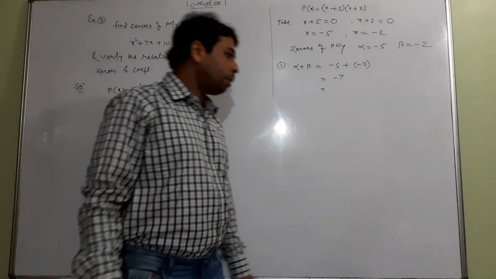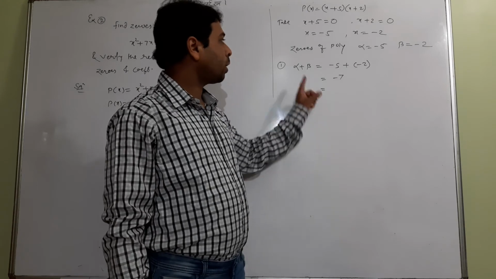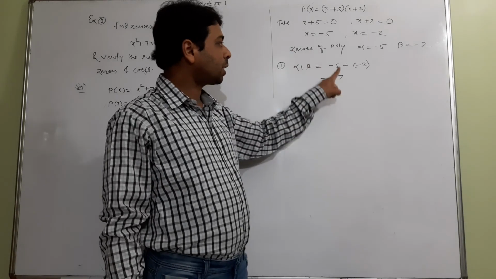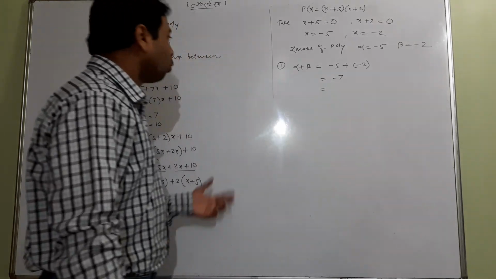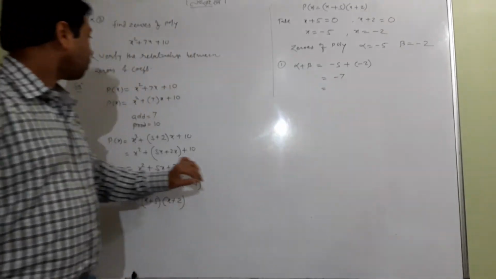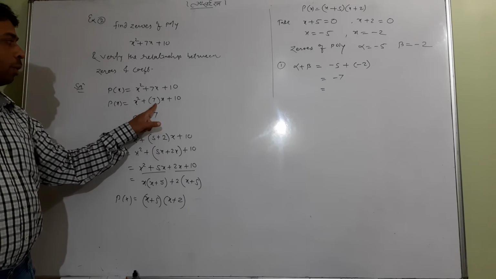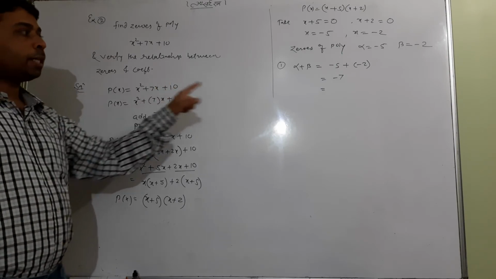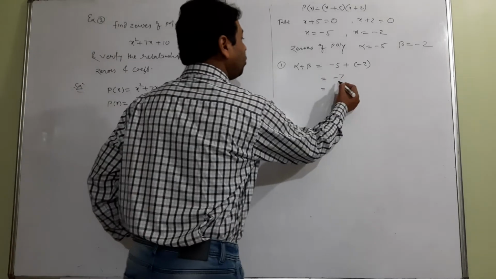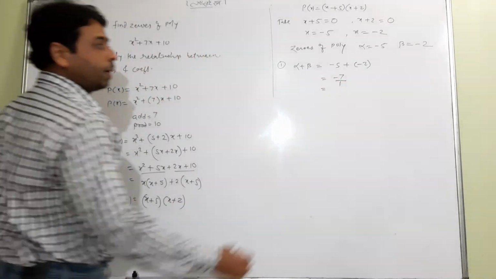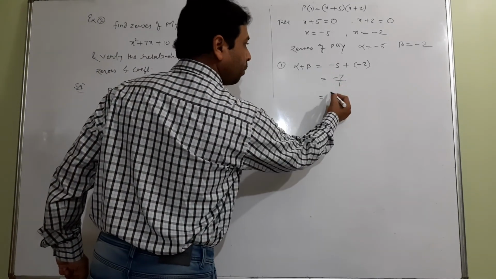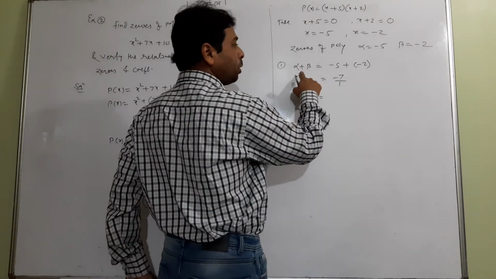Remember my words which I told, that alpha plus beta always comes negative. And how to express that? Look, this is 7. Can you see only 7 here with the plus sign? Nothing with minus sign. And what about the denominator side? It's 1. So now students, write them. I have told you that alpha plus beta is always negative.